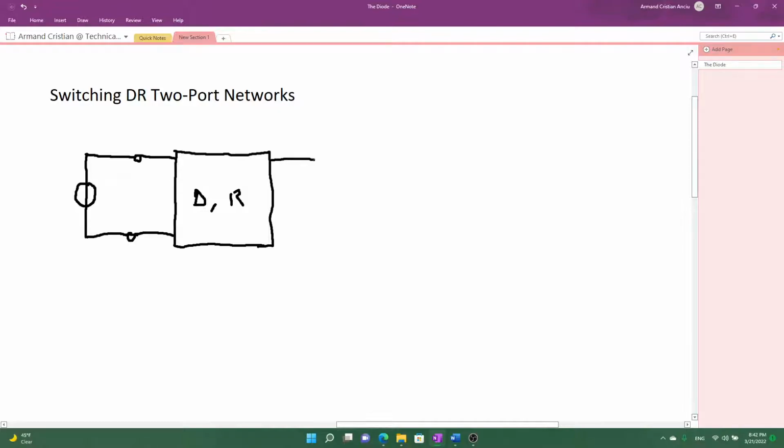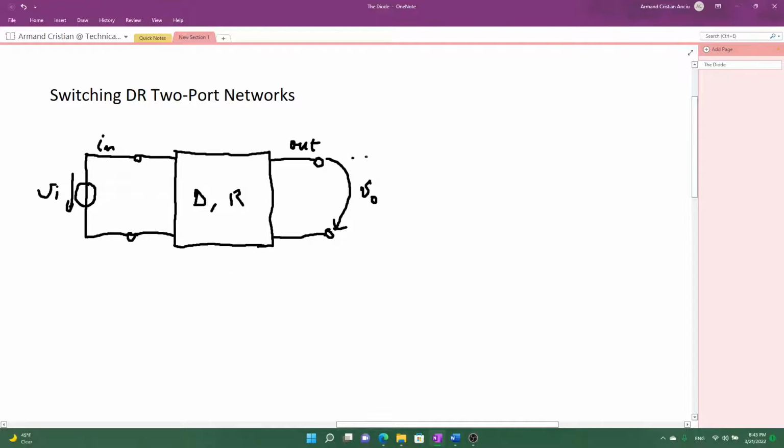And this network is connected to the output, and we measure the output here to the right side of the network. So this is VI input, and the output is here.